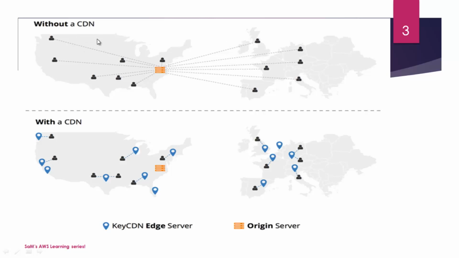But think about this scenario wherein we are using CDN. We have something called CDN edge servers. Edge servers are used to get rid of problems like network delay, slow response time, and slow data transfer speed.